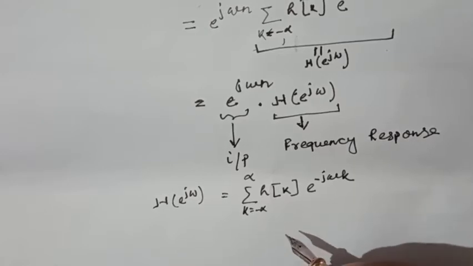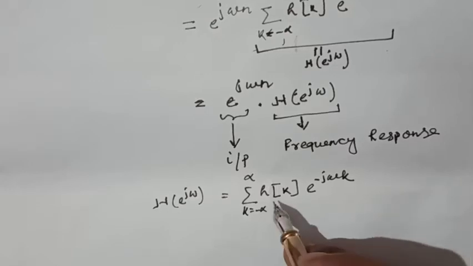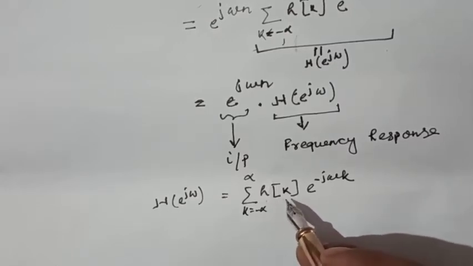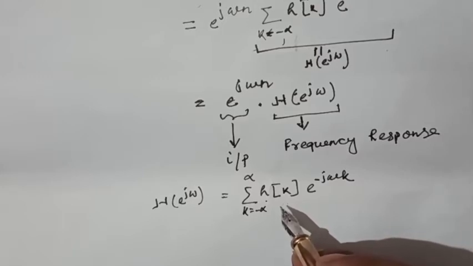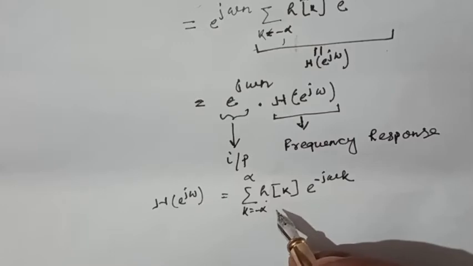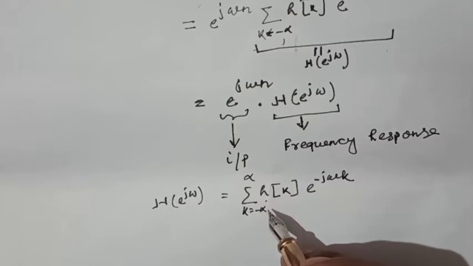Therefore this function H of e to the power j omega exists if the impulse response h of k is absolutely summable, as we already discussed in my previous video on the DTFT. We found that the existence, or the convergence, of the DTFT has as its primary necessary condition that the signal h of n or x of n, whatever it is, should be absolutely summable.